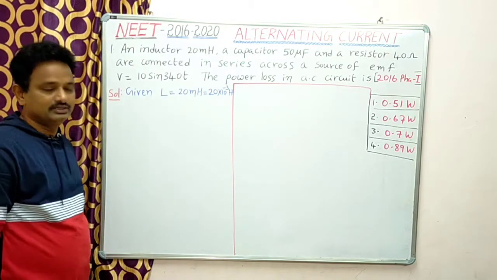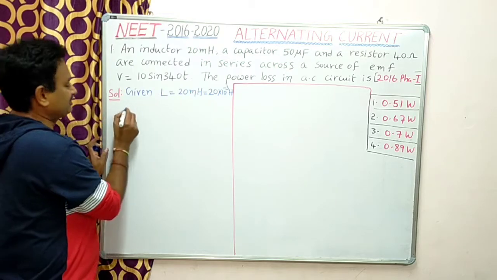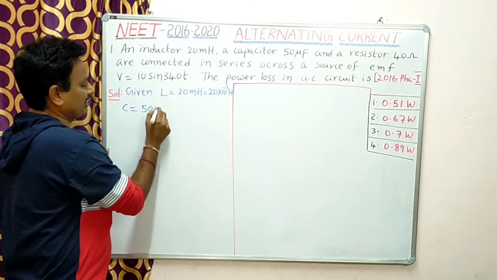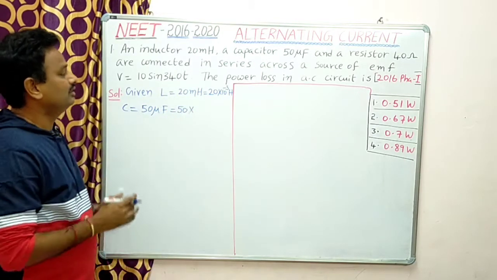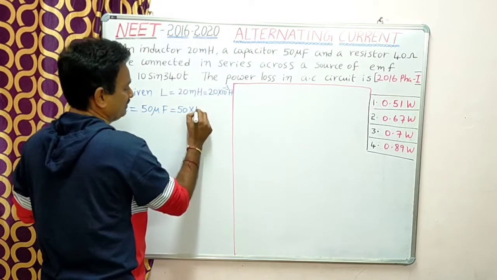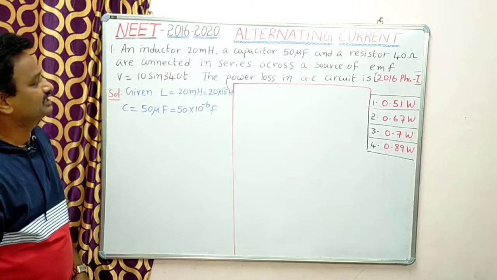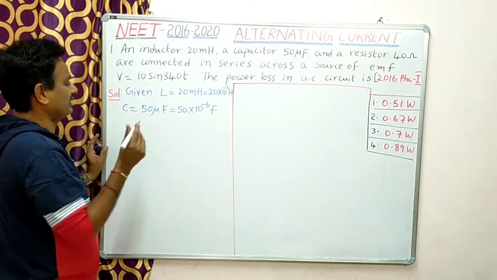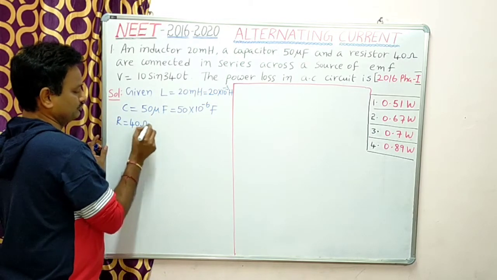Next, capacitor C is equal to 50 microfarad. Micro means 10 power minus 6, so 50 into 10 power minus 6 farad. Next, resistor 40 ohm. R is equal to 40 ohm.